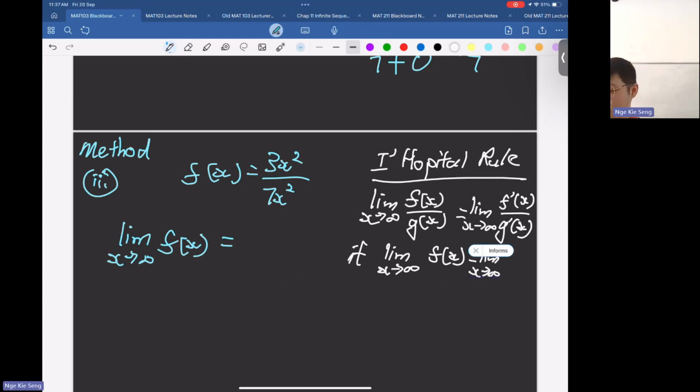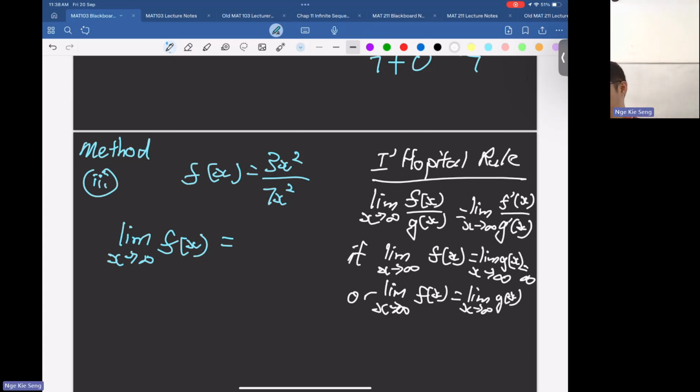I won't ask you to do this in your project one because this proof is very long. Even when we taught it in MA1, we just sketched it. It's not hard, but tedious. Actually, there's a more general version of L'Hopital: one of them could be 0, one of them could be infinity, and you can also use it. I don't recommend doing this in your project one. It's quite long.